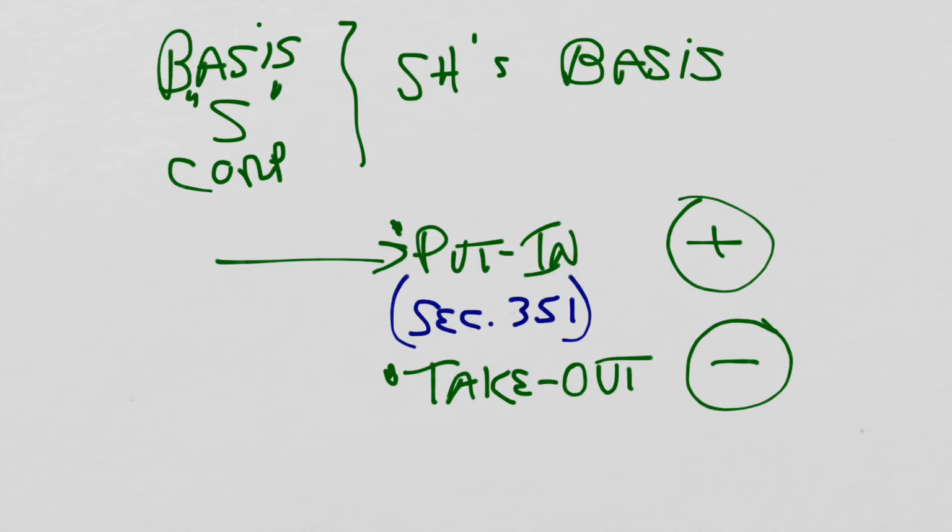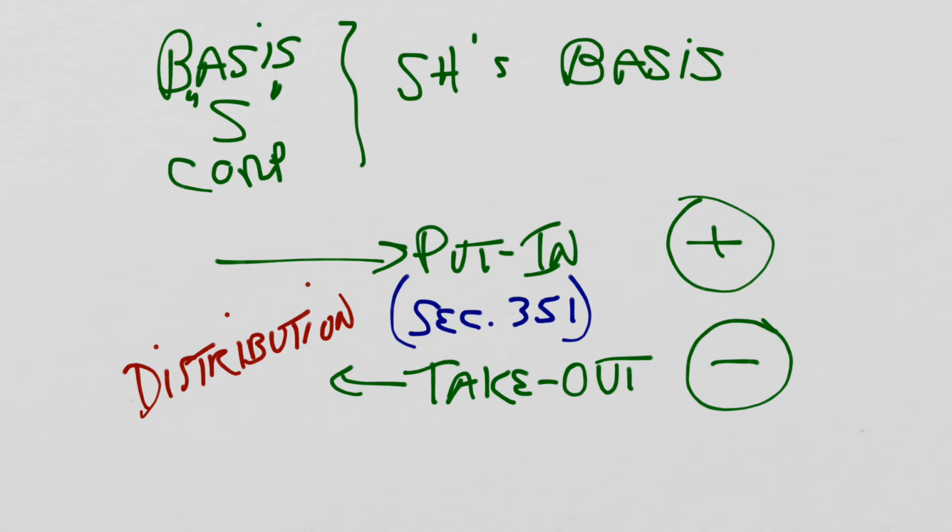Makes sense? I think so. It should. So far, so good. So far, it should be pretty easy. This, by the way, we call a distribution. We don't call it a takeout, although I guess we could. But the proper language is distribution.